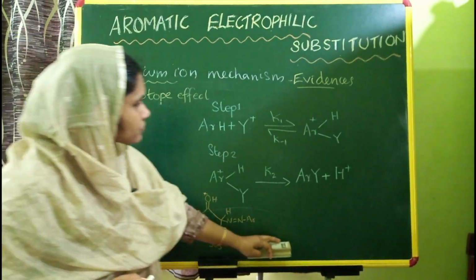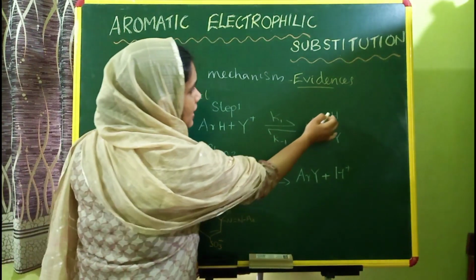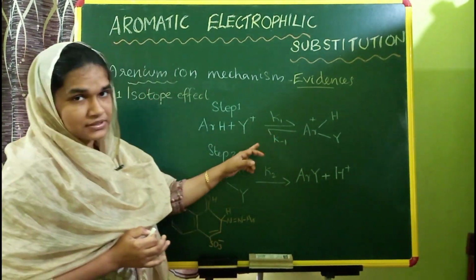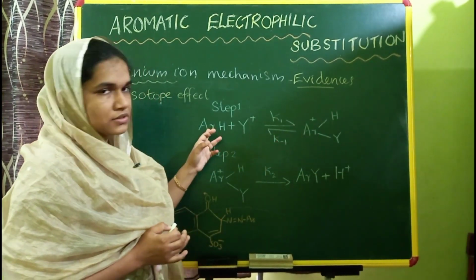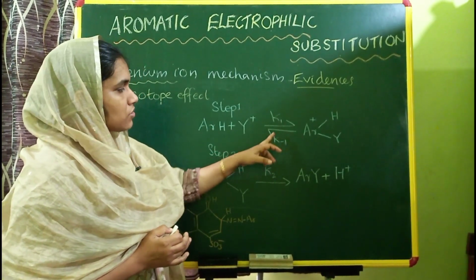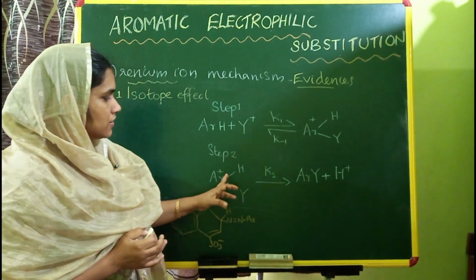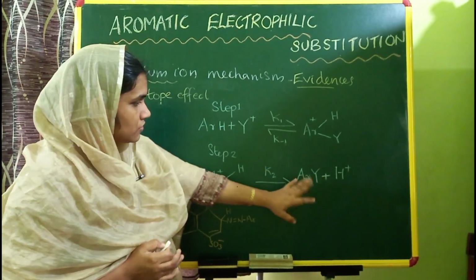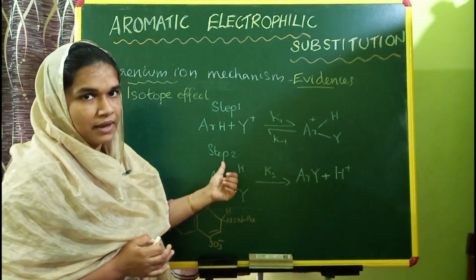Here the bond breaking of the C-H bond is involved in two steps. One is the reverse reaction, where this arenium ion reverts back to the aromatic compound, with rate constant k inverse. In the other, the compound is converted into the product, and here also this bond breaking happens.